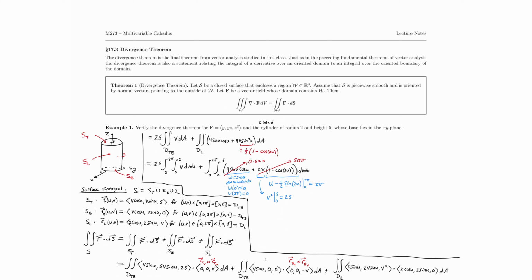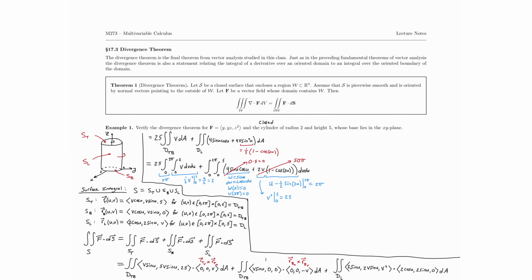Similarly, this one here will turn into 1/2 v squared between 0 and 2, which is 4/2, which is 2. The u integral here will just turn into 2 pi.